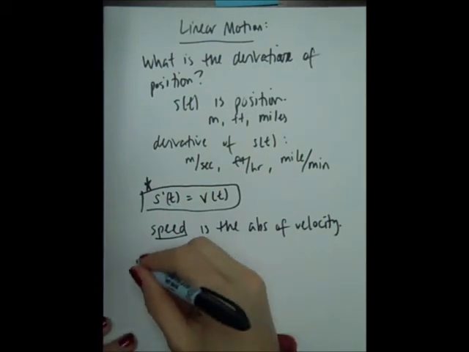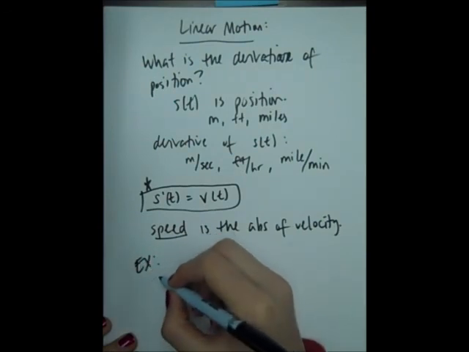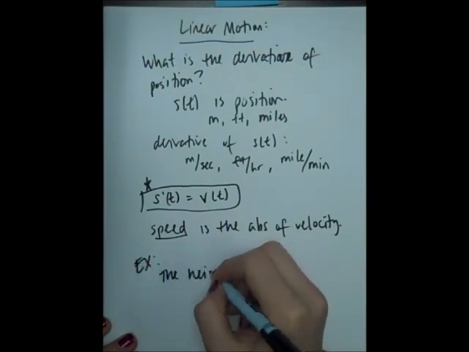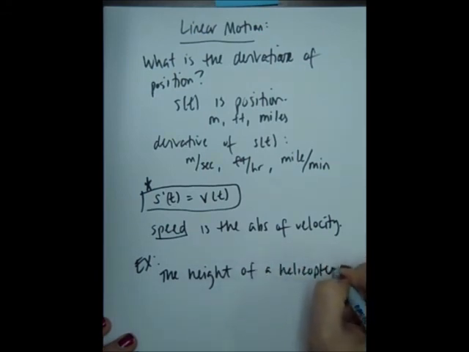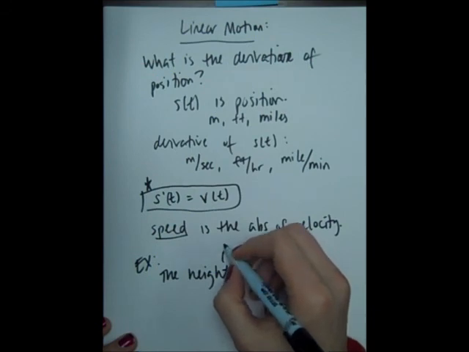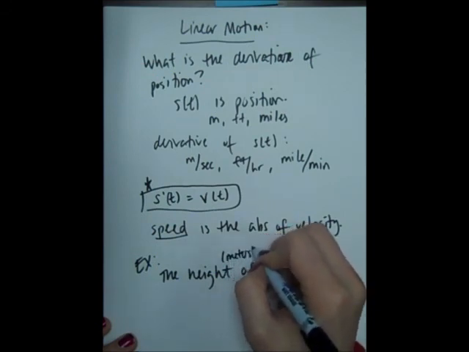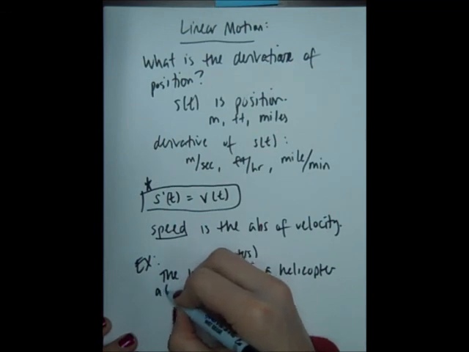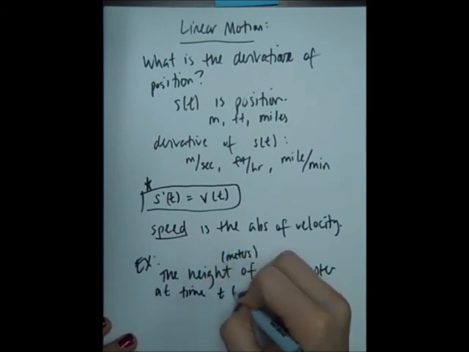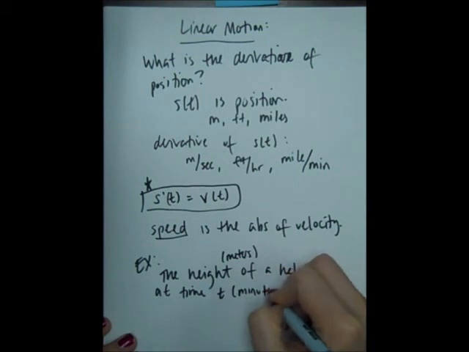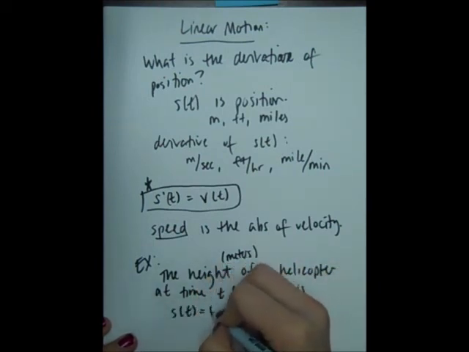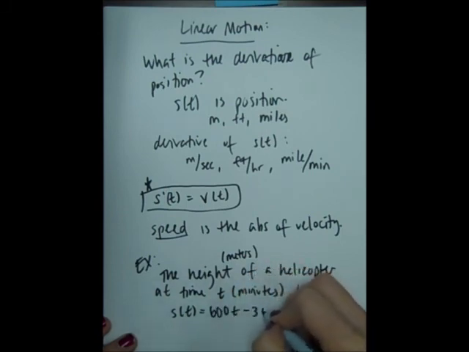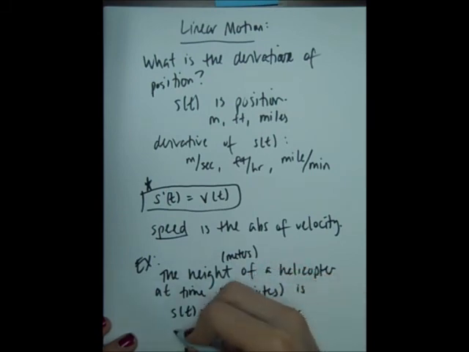So let's do an example involving position and velocity. Let's say the height of a helicopter, height here being measured in meters, at time t, where t is measured in minutes, is given by S of t equals 600t minus 3t cubed for t between 0 and 12.